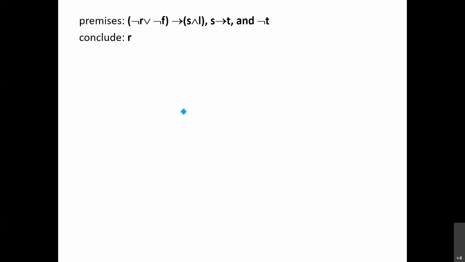Here is what you should get. If this is not what you got, you can pause and try to solve it. Let's see what happens. We want to conclude R from this. Let me take a quick look and see if we can draw a map. The only place where we can find R is in this big thing.